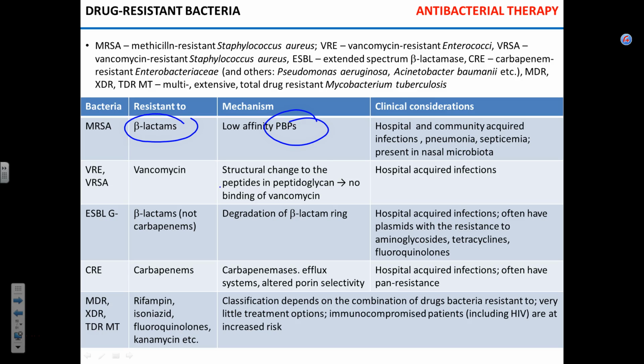Vancomycin resistance. Two major microbes. Vancomycin resistant Staph aureus, vancomycin resistant enterococci. Enterococci are normal components of the human intestinal microbiome. When they become vancomycin resistant in the hospital settings, they may cause urinary tract infections and wound infections and septicemia.